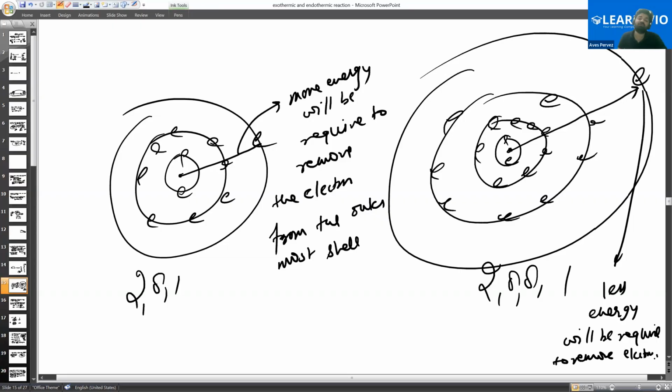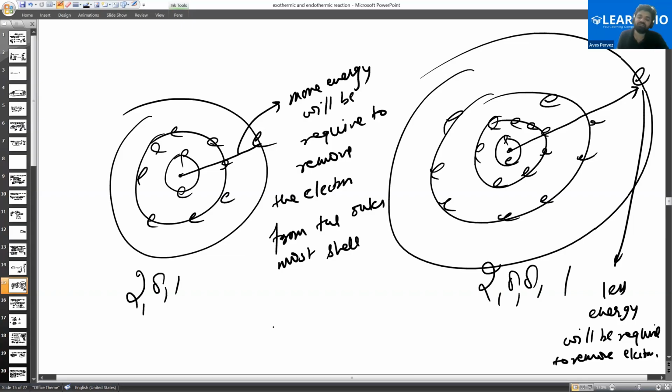Now you have to keep in mind one thing, and that is very simple. When you are removing an electron, energy is being supplied. If less energy is supplied, then the element is more reactive than one in which more energy is required.